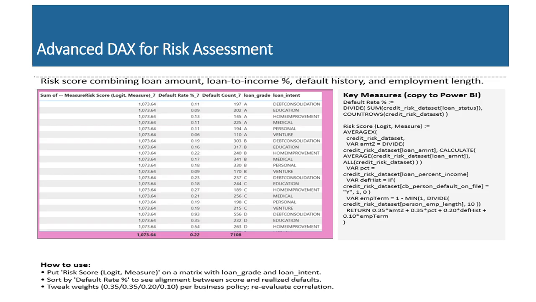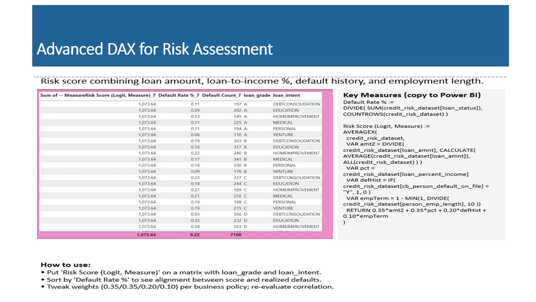If the formula of 0 1 and return is 0.35 times loan amount plus 0.35 times DTI plus 0.20 times default history plus 0.10 times employment length.